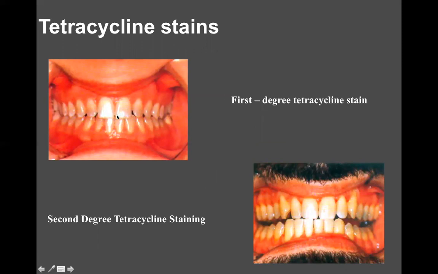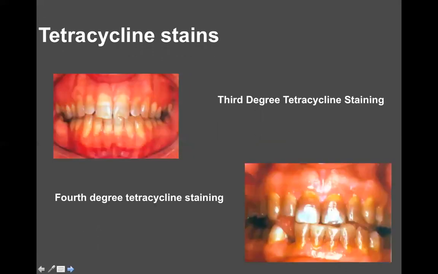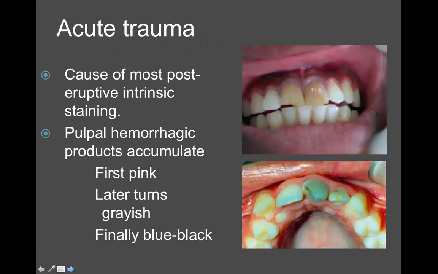So the tetracycline stains could range from a mild gray stain to a darker grayish stain. These stains are very difficult to remove, and only if it is mild, it is amenable to bleaching.